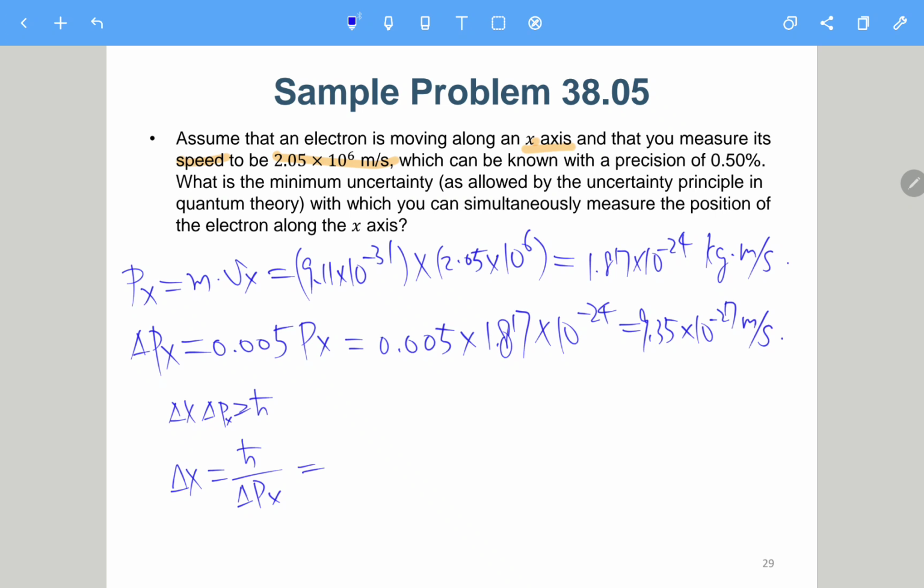So h bar is 6.63 times 10 to the minus 34 over 9.35 times 10 to the minus 27. So this is about 11 nanometers.